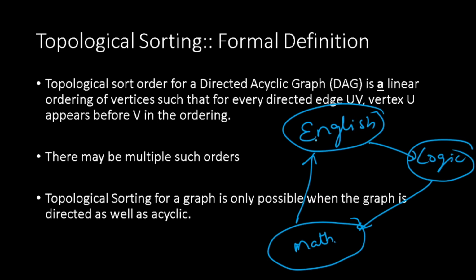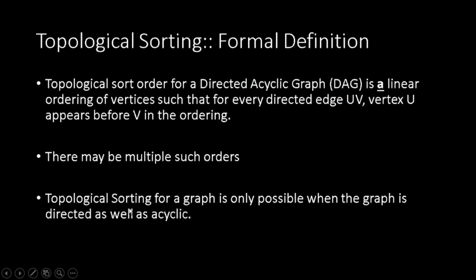So to do English, you have to do math. To do math, you have to do logic. And to do logic, you have to do English. There's a cycle, and this cycle can never be resolved. That's why you need it to be acyclic. So your topological sort order will exist only if it is a directed as well as acyclic graph. Otherwise, it won't exist. If it is a directed acyclic graph, then there will always be a topological sort.